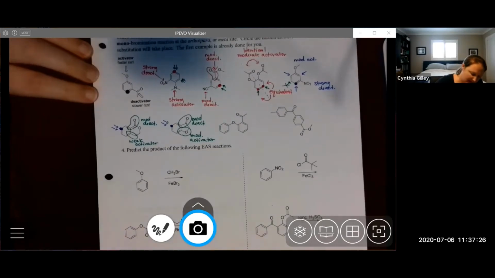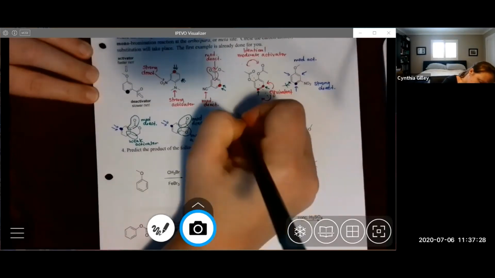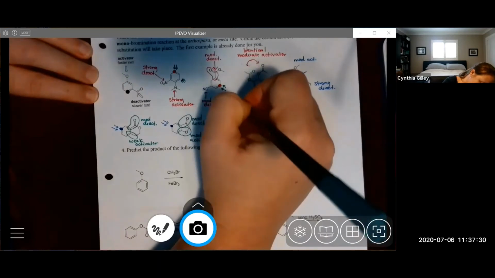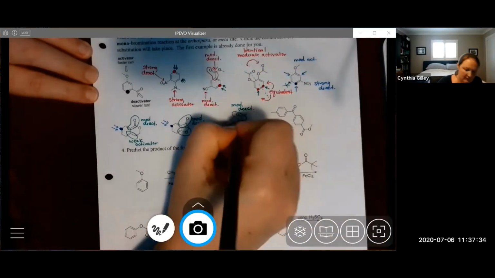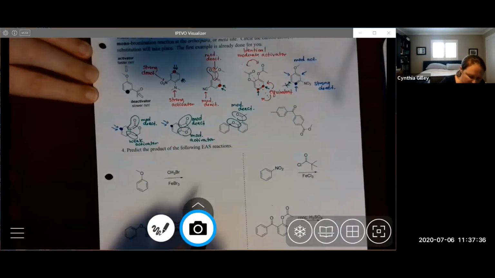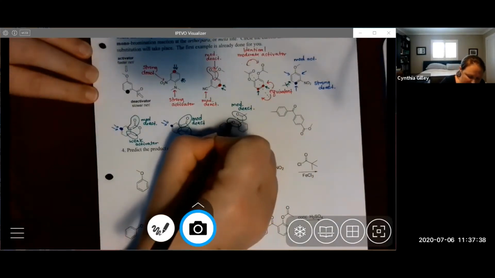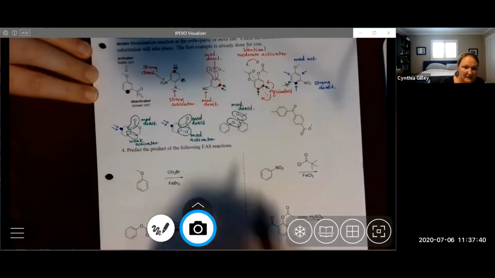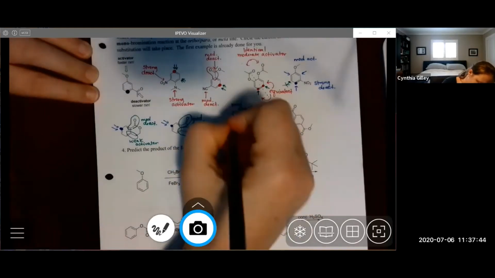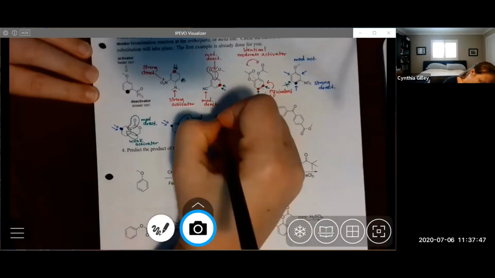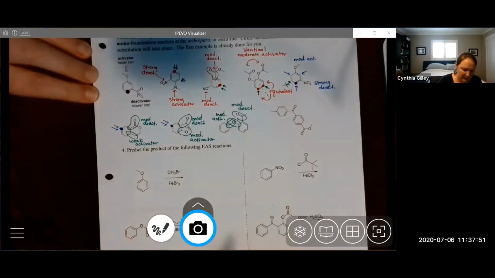Here we have a moderate deactivator and, in terms of this ring, this is technically donating, a moderate activator to both rings. Moderate activator to both this ring and the other ring.